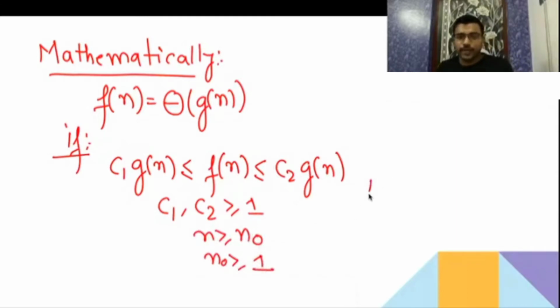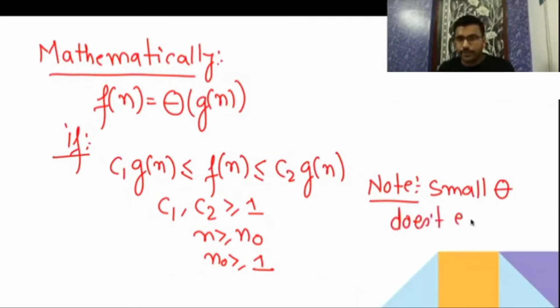And give a note and write after that: small theta does not exist. So we are not having any concept called small theta. Only small omega and small o exist.